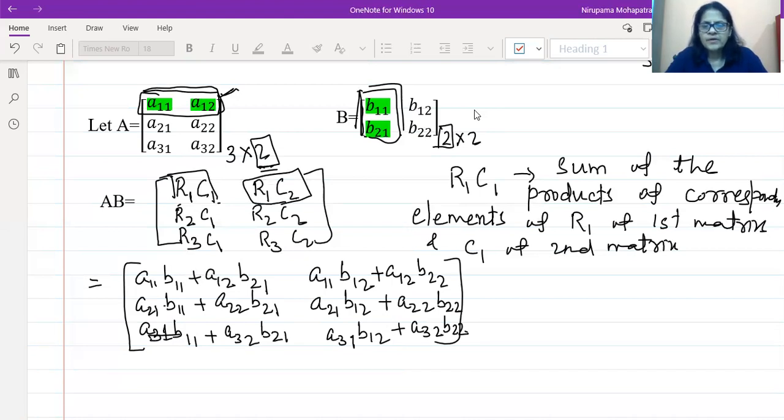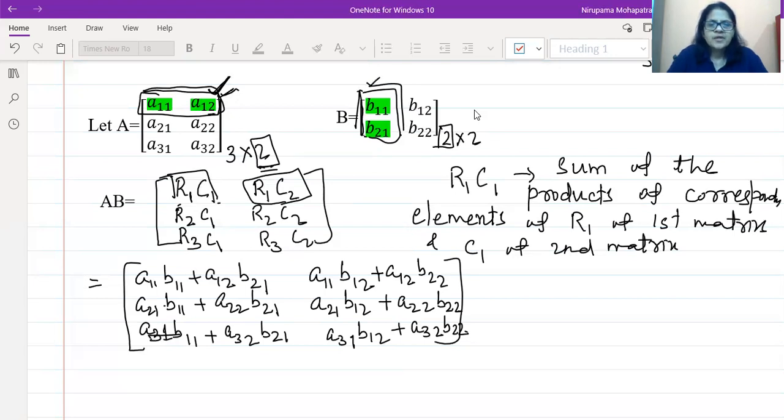Okay, now here, is it clear why the number of columns of the first matrix should be equal to the number of rows of the second matrix? Is it clear? Because we are taking the rows of the first matrix and the columns of the second matrix.